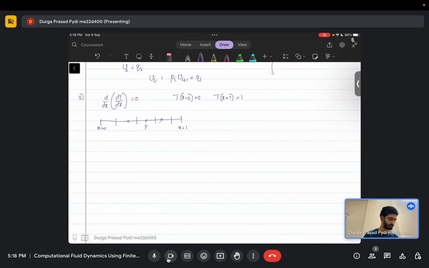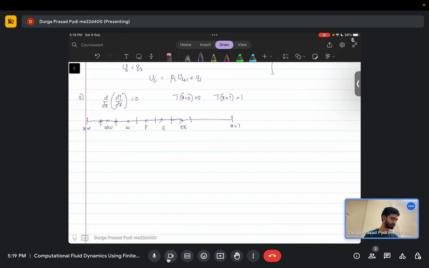So this is my P cell, this is my east cell, and this is my west cell.